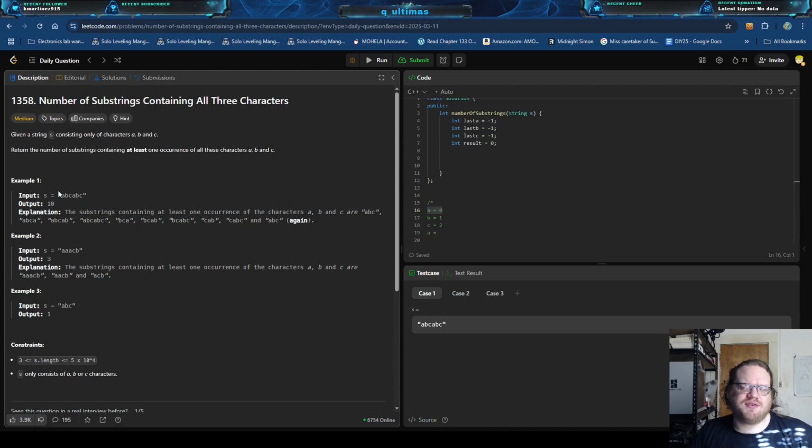Every time we find a new string, it is +1 plus the leading A, B, C. So would everything leading up to this be like a prefix?